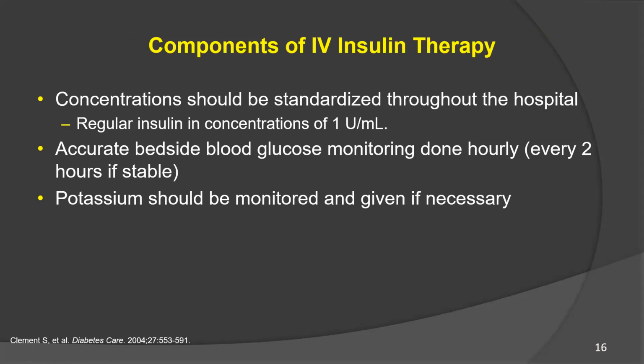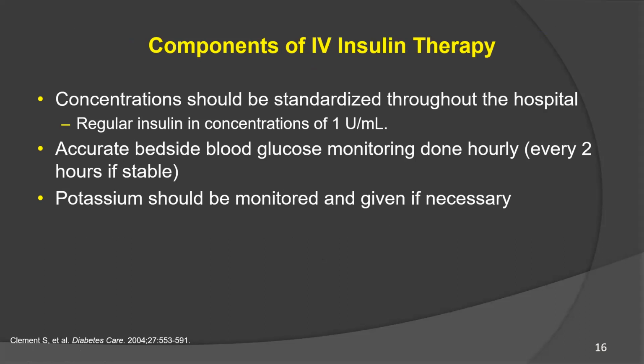So, what are the components of IV insulin therapy? Concentrations should be standardized throughout the hospital. It shouldn't be like the ICU has a certain standard and the general ward is different, and then we have different standards going on in the operation theaters and so on. It should be standardized throughout the hospital.